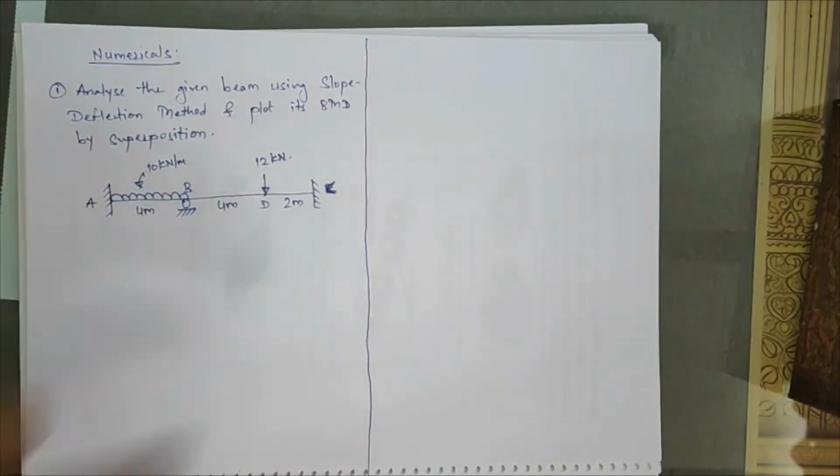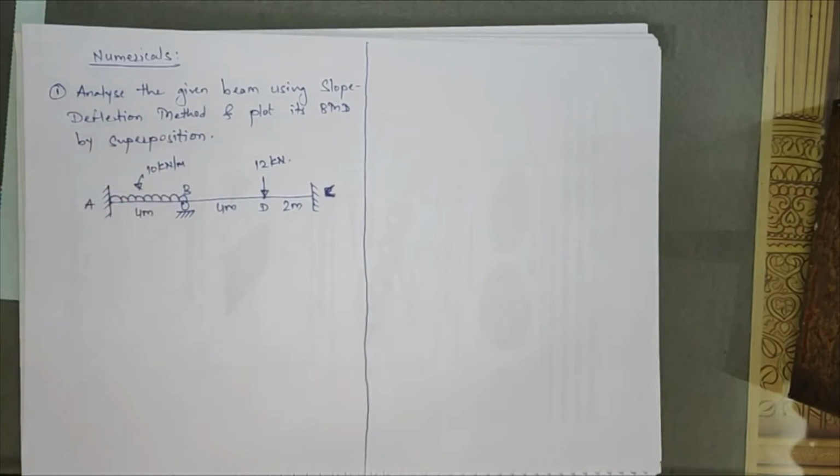Joints A and C are fixed, while at joint B you are seeing there is a roller support.